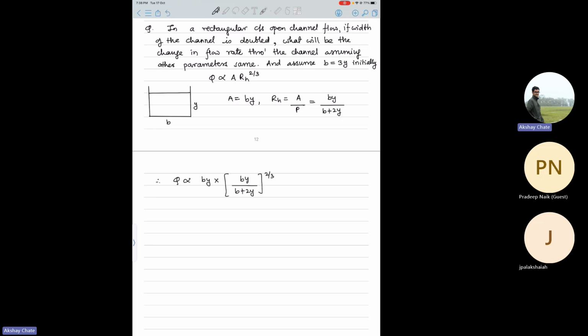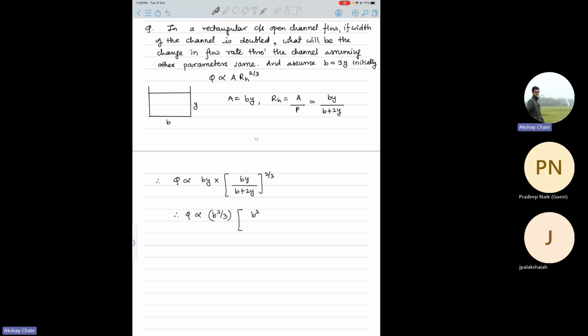So if you put b equal to 3y, what you end up getting is, we want everything in terms of width of the channel, right? Because that is what is asked in the question. Yeah, so I can replace y with b by 3, so this will become b square by 3.